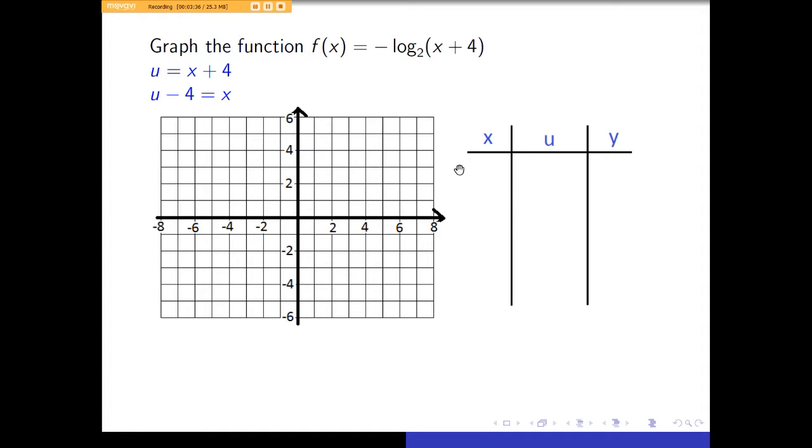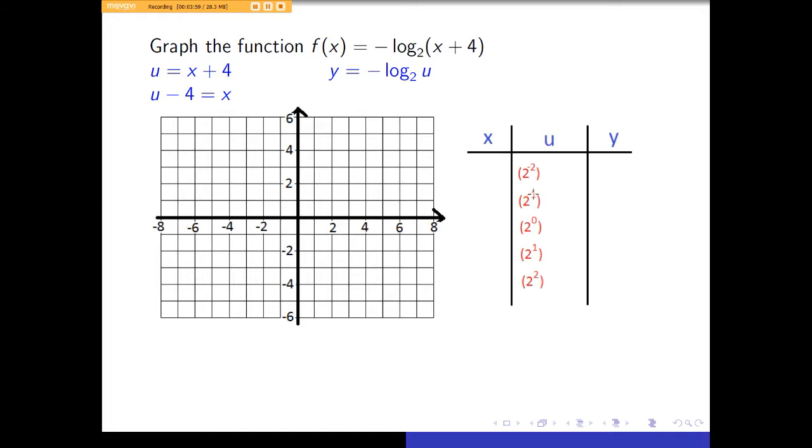And so then we'll make our table, and we'll first rewrite our equation in terms of u. We get y equals negative log base 2 of u. Okay, and then let's go ahead and fill in our table. And otherwise the procedure's a lot like what we did in the last problem. The base is 2, so I'm going to take the base raised to the negative 2.